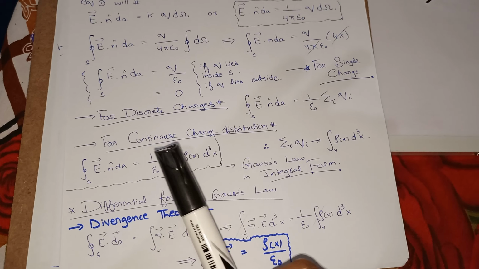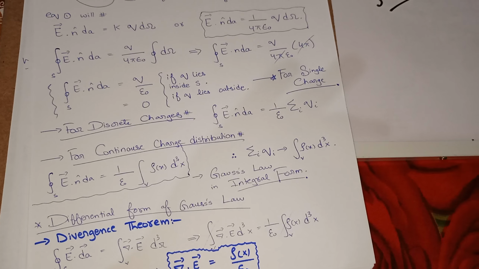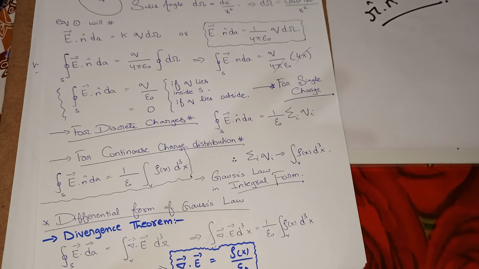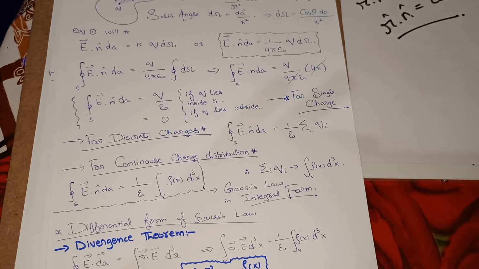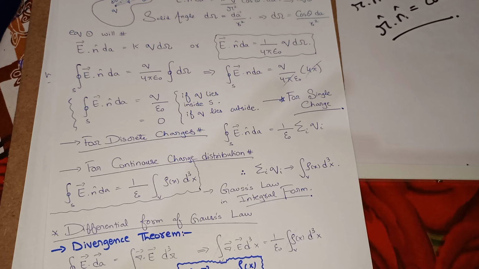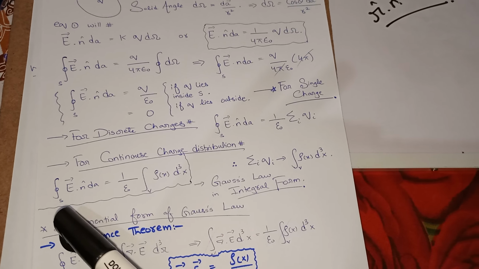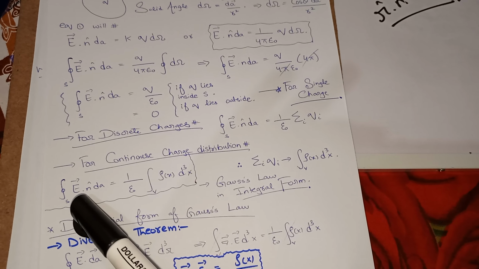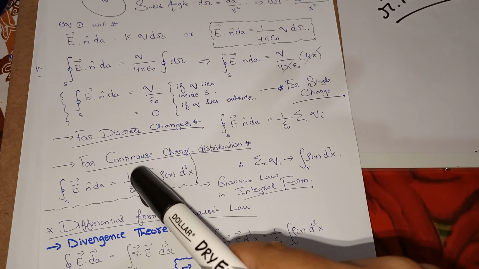For the case of continuous charge distribution, as I already told you, you have to multiply by delta V, meaning volume, and divide by volume. This is the surface integral of the electric field per unit area, equal to 1 by epsilon naught.